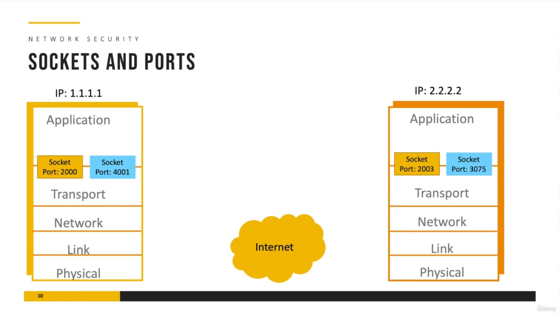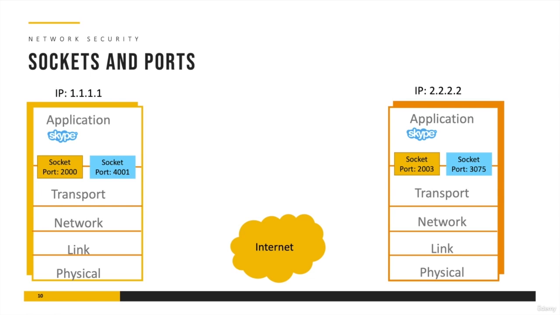Now, on every system you can have multiple applications running, but every application on a system needs an anchoring point, a kind of door through which it can send and receive data to the transport layer. So for example, if you have Skype running on both system A and the destination system B, then the Skype application is going to communicate with the transport layer at both ends through special doors or anchors called ports.